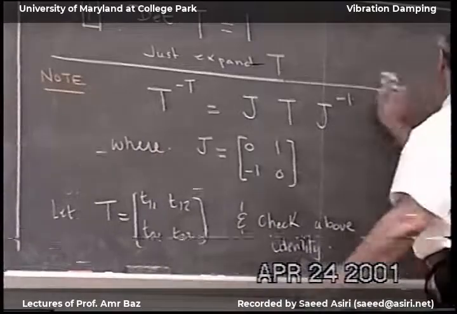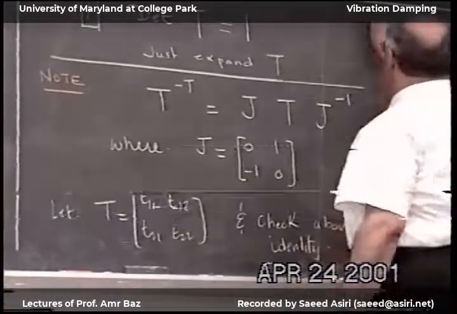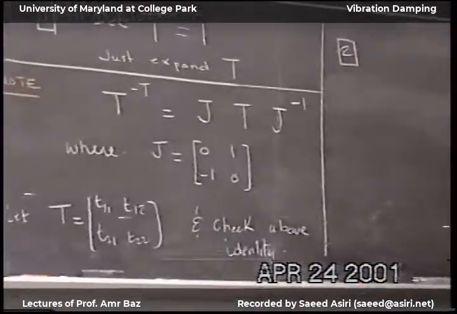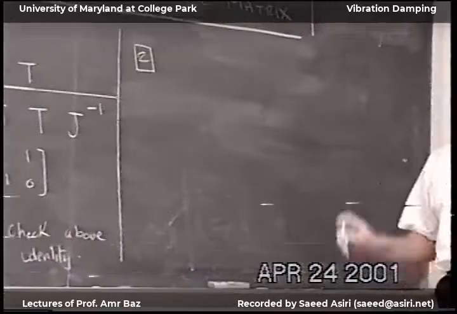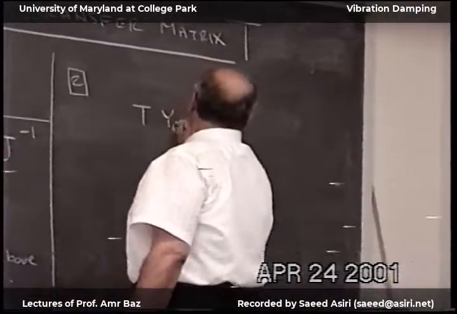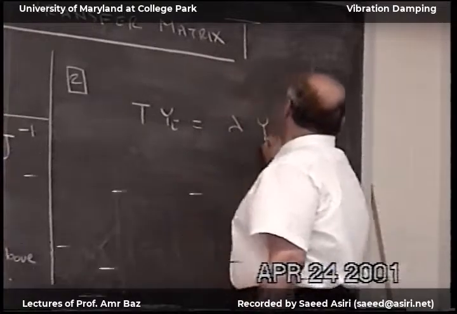Why is this? Because of this characteristic. Number 2, and I'll leave the title free for a minute. We have here T y_i is equal to lambda y_i.